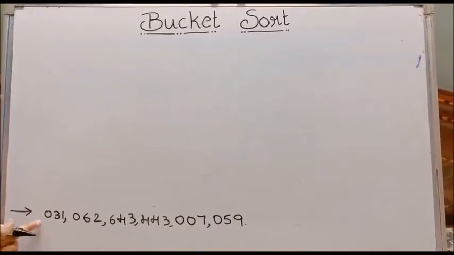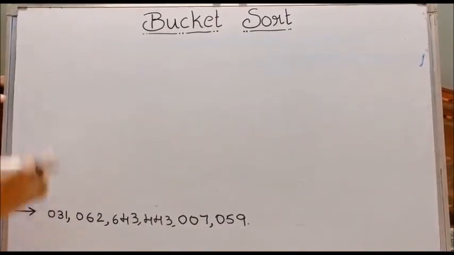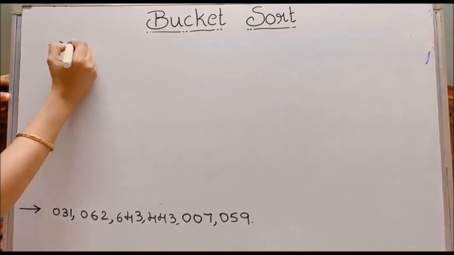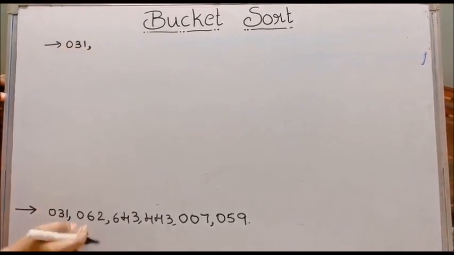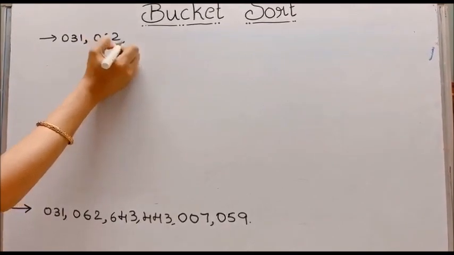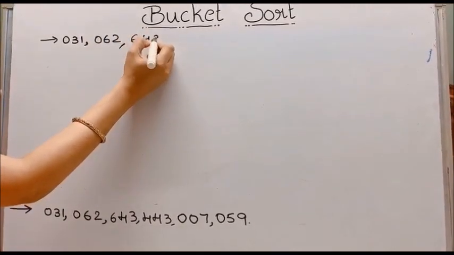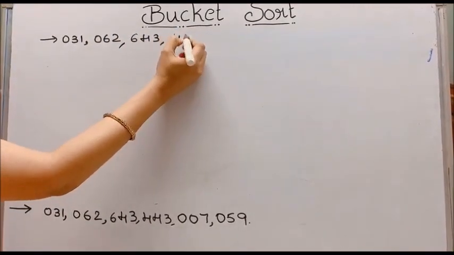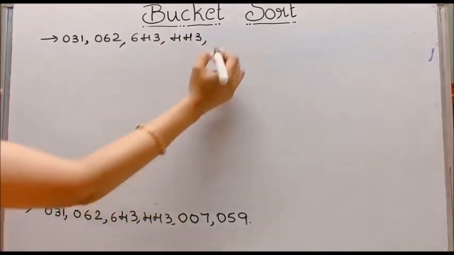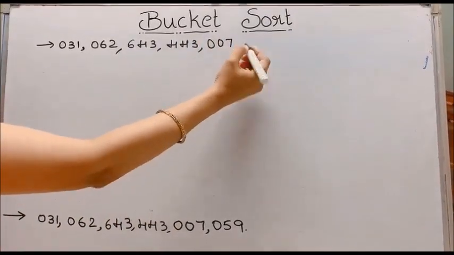Now I am copying these numbers for our second iteration. The elements are 31, 62, 643, 443, 7 and 59.